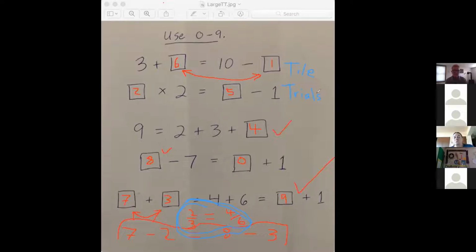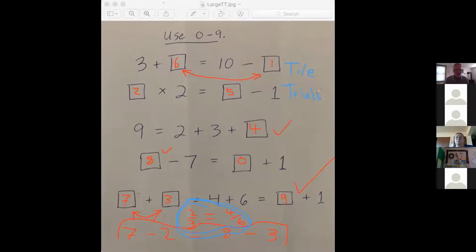So maybe that's the one that stands out as a different kind of problem. You don't normally see probably different operations mixed in, maybe addition and subtraction, but probably not addition, subtraction, and multiplication, division.